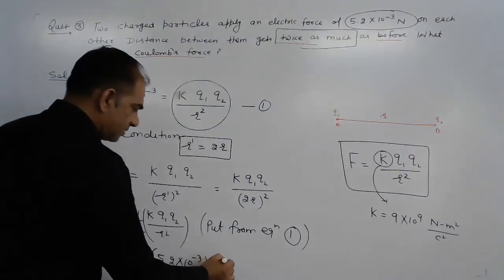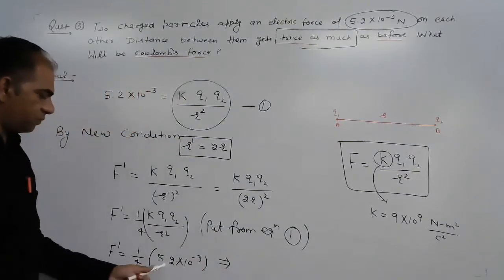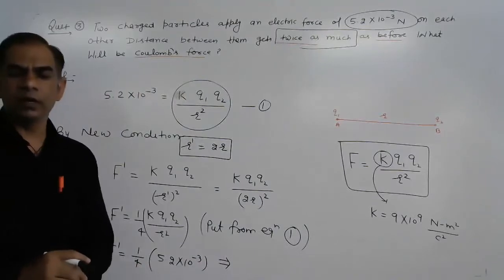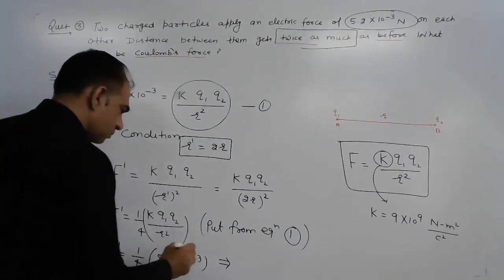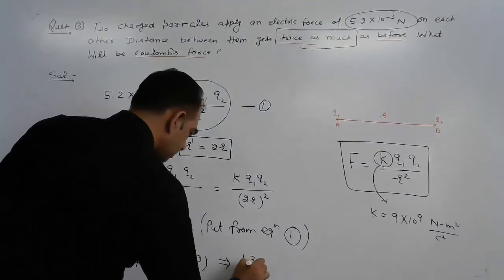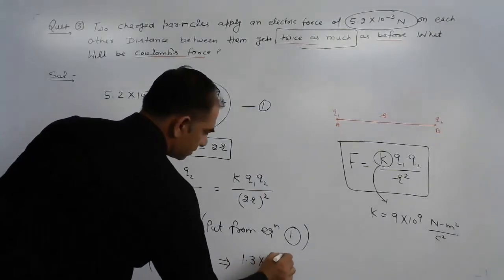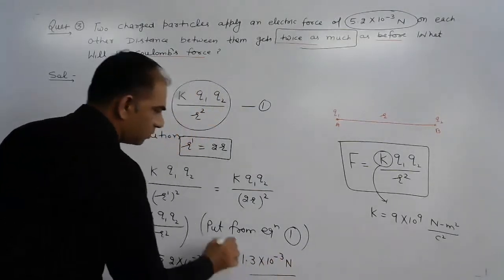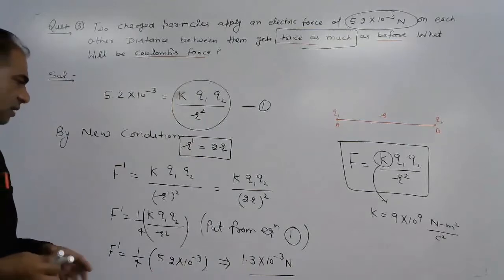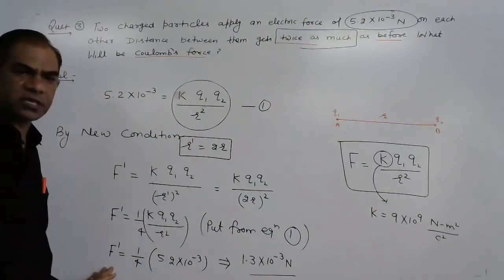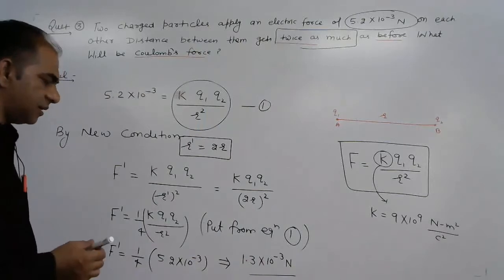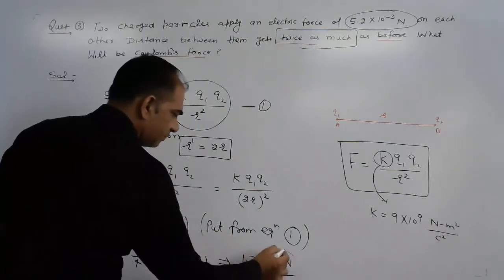After solving this we get the answer: 5.2 divided by 4 becomes 1.3 × 10^-3 Newton. So we get the answer after this condition. The electrostatic force F dash is equal to 1.3 × 10^-3.